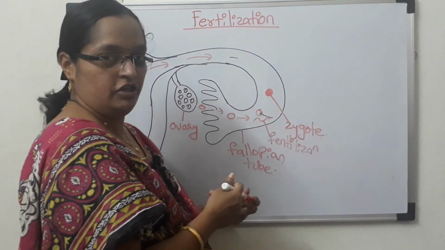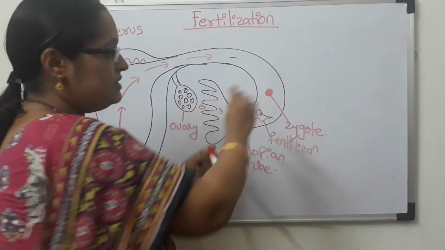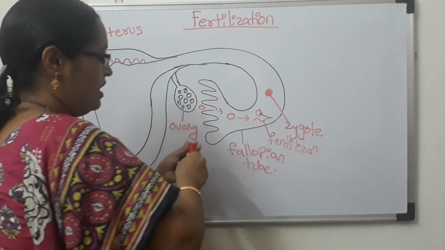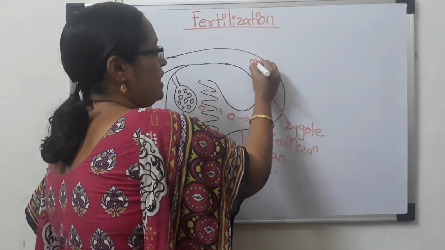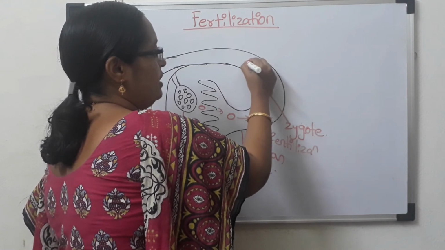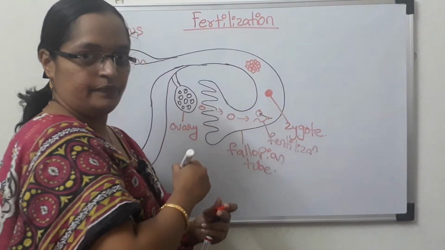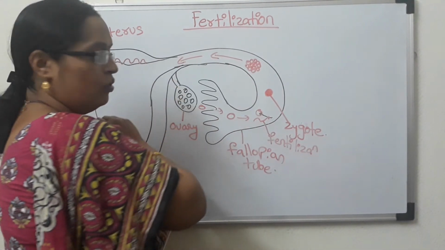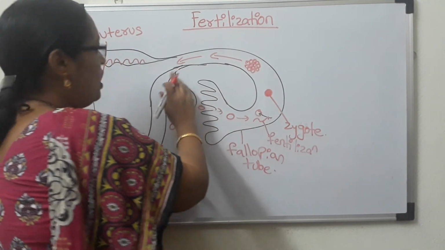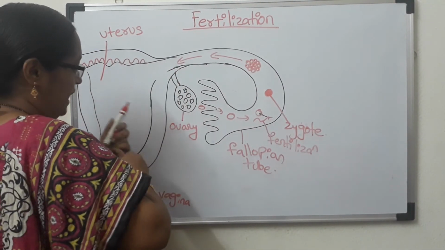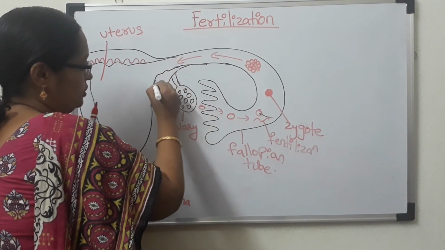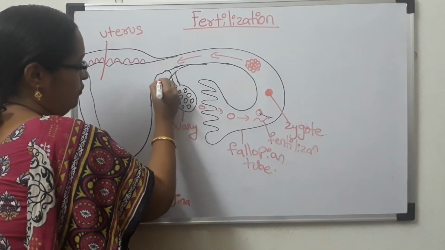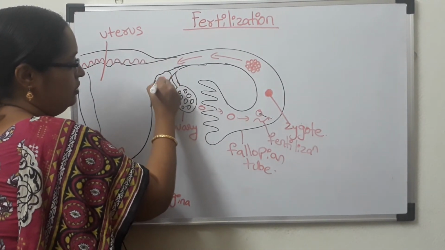Now after fertilization, the zygote divides and increases its cell number. Now it is becoming a mass of cells. This dividing zygote moves through the fallopian tube and enters into the wall of the uterus.